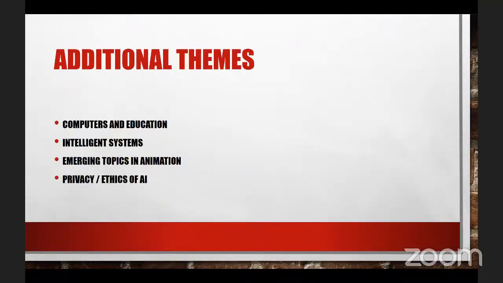So I was saying, obviously any item. That would include computers and education, intelligence systems. We actually have in the SCIT a lab for computers and education led by Lisa Fisher, a lab for intelligence systems led by David White, and a security lab led by Dr. Sean Thorpe, who's the head of school.